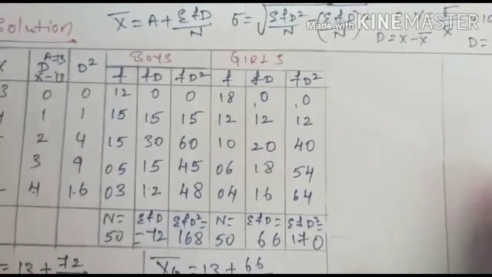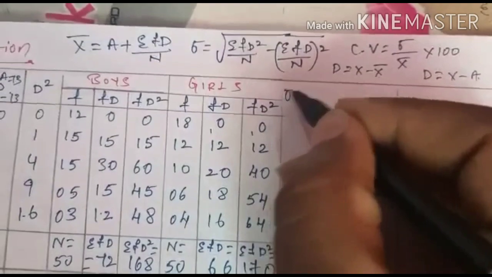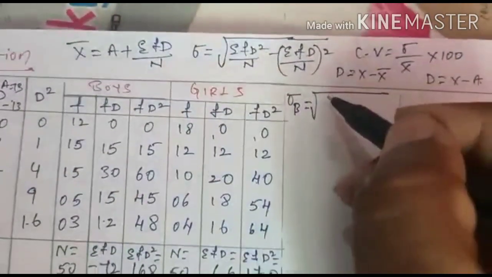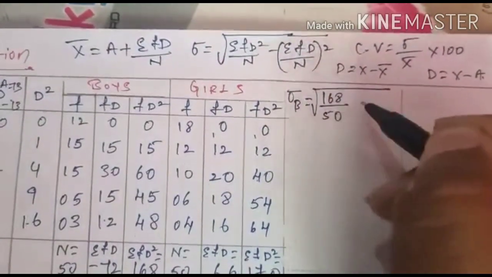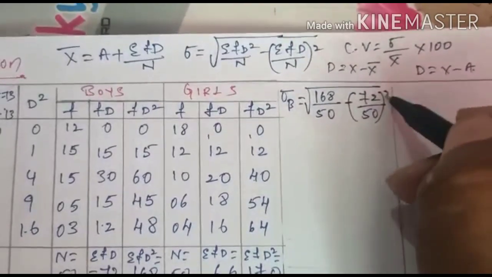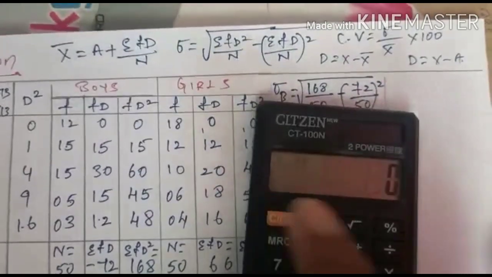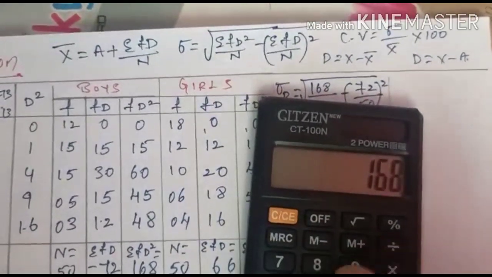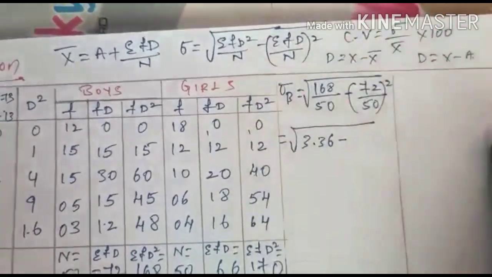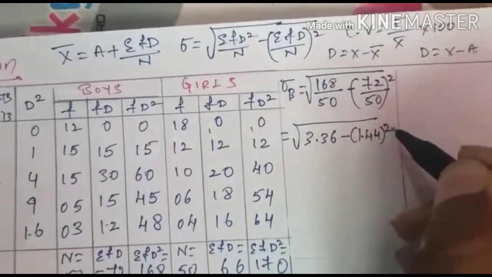Now find the standard deviation for both boys and girls. Standard deviation of boys is equal to the square root of sigma fd square, that is 168 divided by 50, minus 72 divided by 50 whole square. So 168 divided by 50 is 3.36, minus 72 divided by 50, which gives 1.44, whole square.